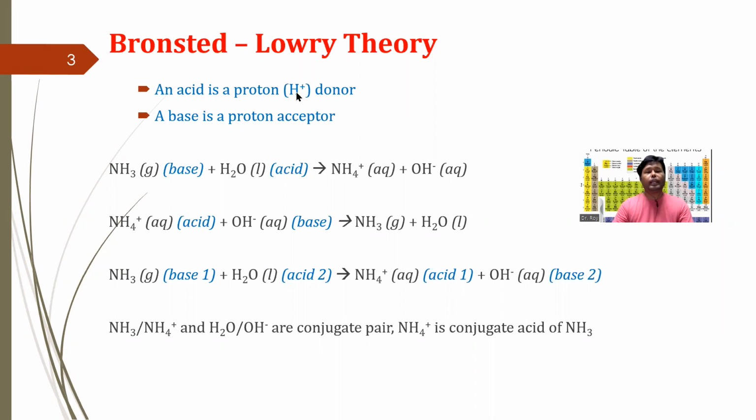A proton donor means H plus. If we consider a hydrogen atom and remove one electron, what remains is only one proton, no neutron. Actually, the hydrogen atom has no neutron.